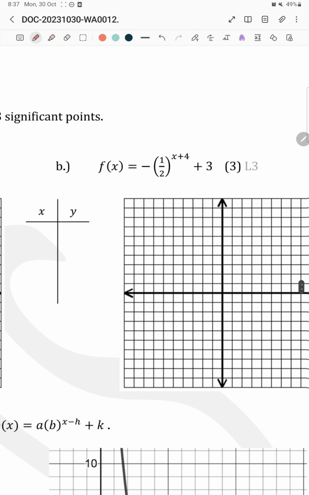Okay, so here x is minus 6 plus 4, minus 2, minus 1, minus 5, minus 5 plus 1, 4, minus 1.